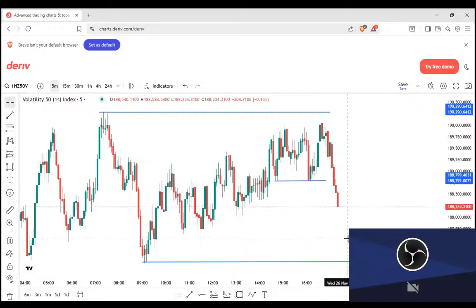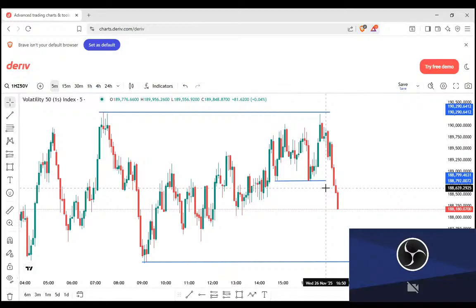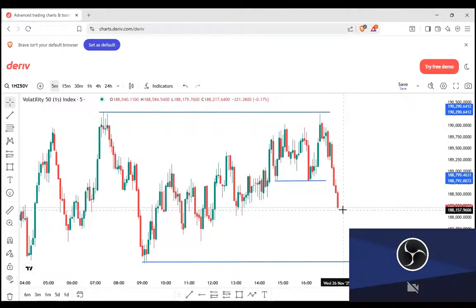So this is a selling opportunity. A breakout structure has happened here. Let's see if price will make a retracement down to this area, and then we'll look for a shorting opportunity. Or let's see how it will react around this area, if it will make any retracement before it gets to this low.